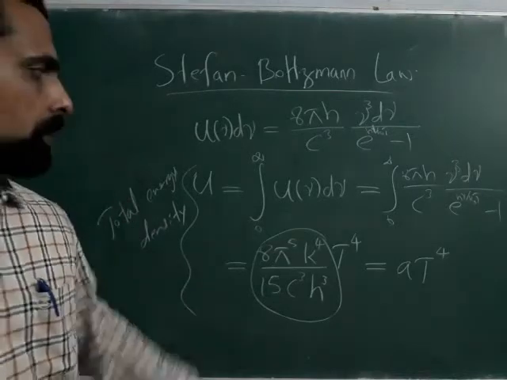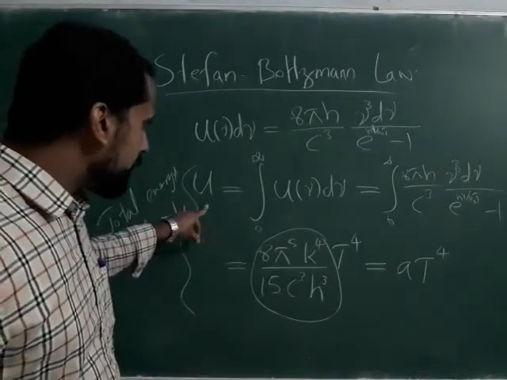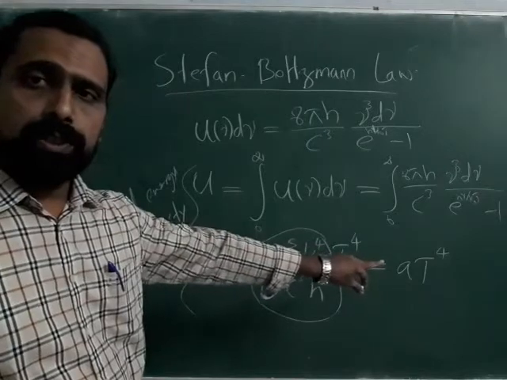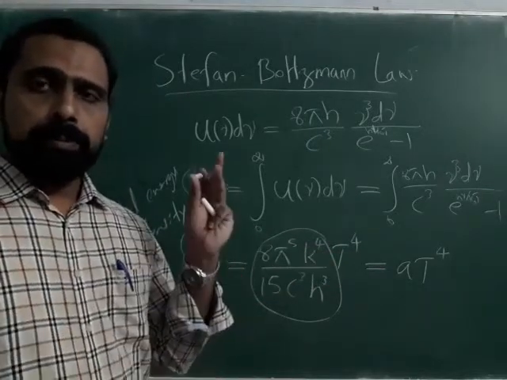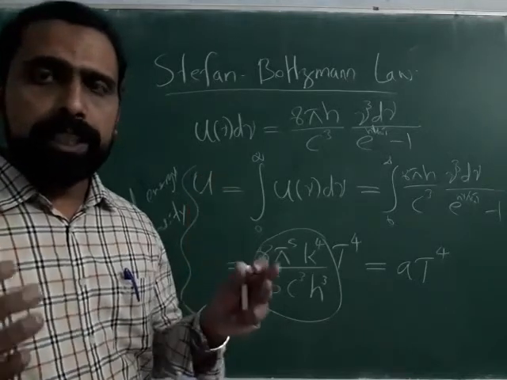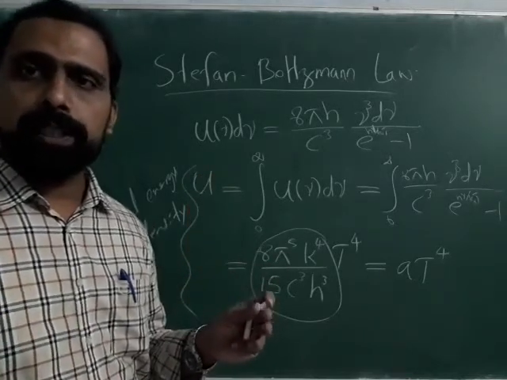Okay, so this total energy density is proportional to T raised to 4. So the radiation energy per unit area per unit second will also be proportional to T raised to 4.